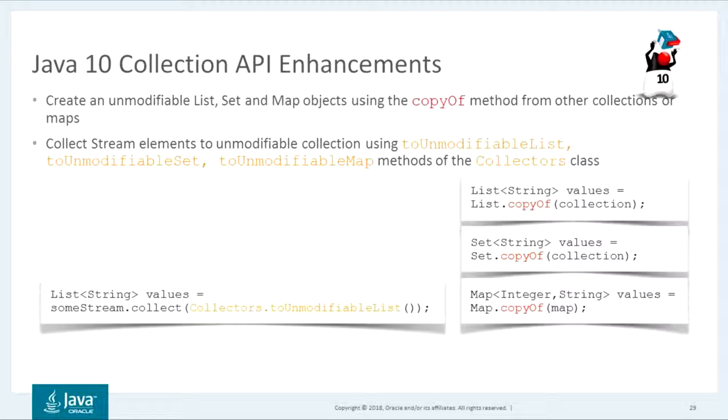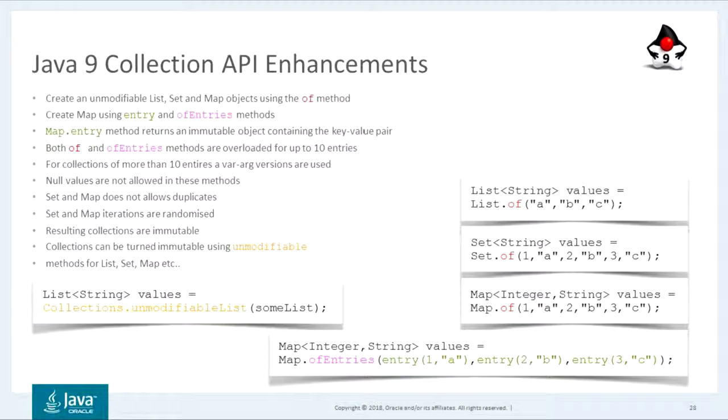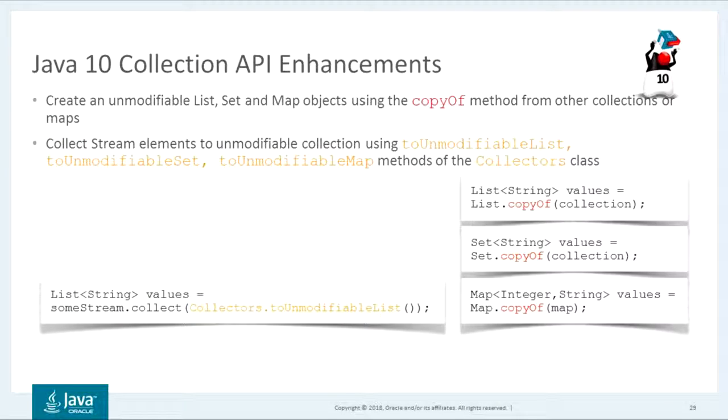On the previous page, let me just jump to the previous page for a moment, there wasn't a stream, there was a list or set or map that you turned into an unmodifiable list or set or map. That's the example in orange. So it wasn't a stream in Java 9, and now you can do the same thing on a stream in Java 10. Turn a stream into a read-only collection.